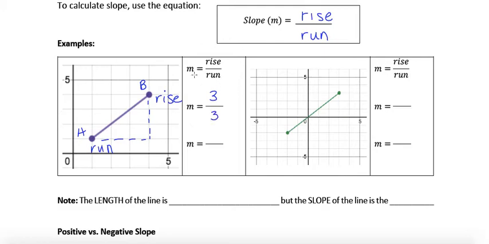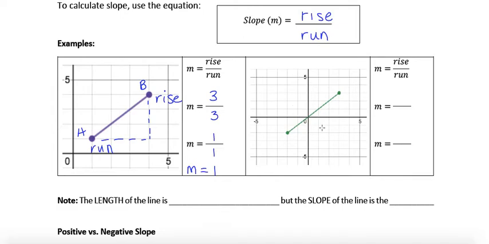So my rise over my run is 3 over 3. You always want to reduce your fraction into lowest terms. You could write this as 1 over 1, because I can divide both the numerator and the denominator by 3. Or sometimes you can even simplify this as 1, because 3 divided by 3 is 1.